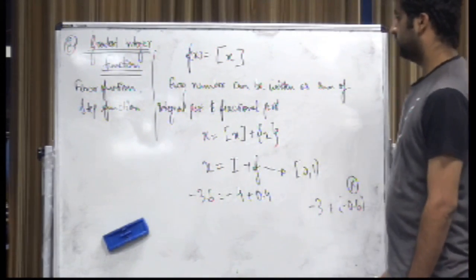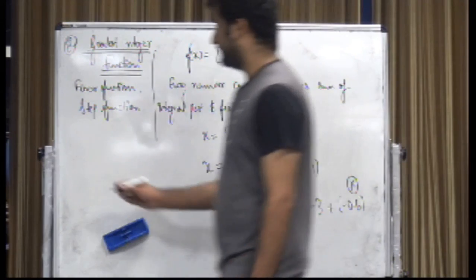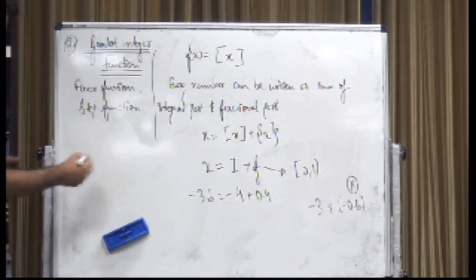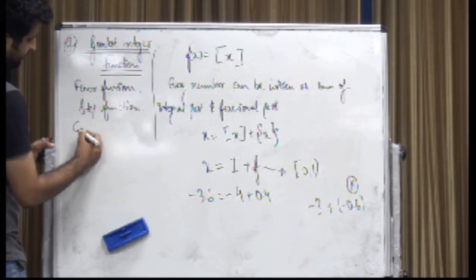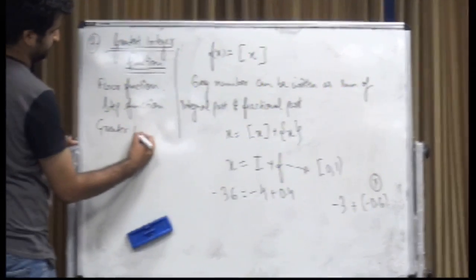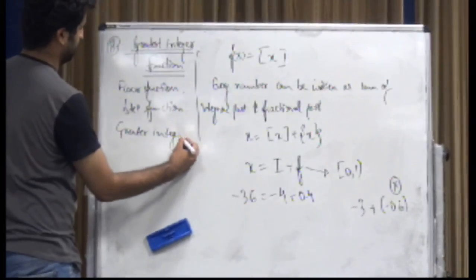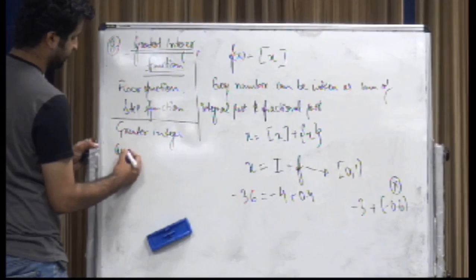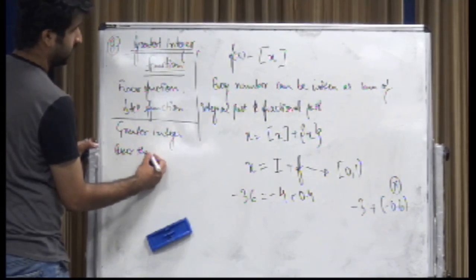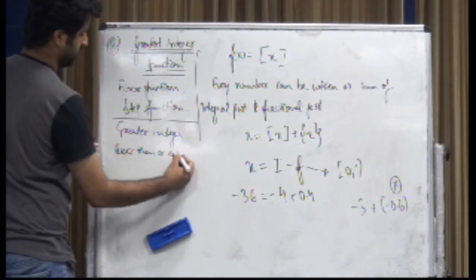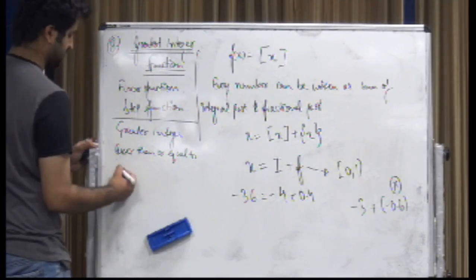So the definition of greatest integer function will be that it is the greatest integer lesser than or equal to the given number.